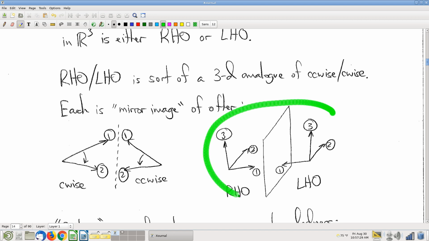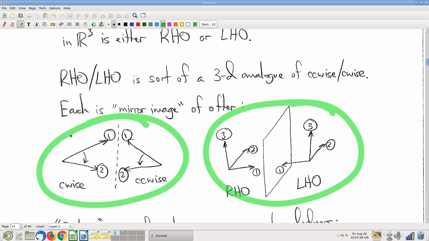Right hand order and left hand order are mirror images of each other, just like clockwise and counterclockwise are mirror images of each other. How about that? So this really is a lot like clockwise, counterclockwise. This is kind of a three-dimensional version of clockwise, counterclockwise. There's two different possible choices, and they are mirror images, just like clockwise, counterclockwise. So I think that's cool.